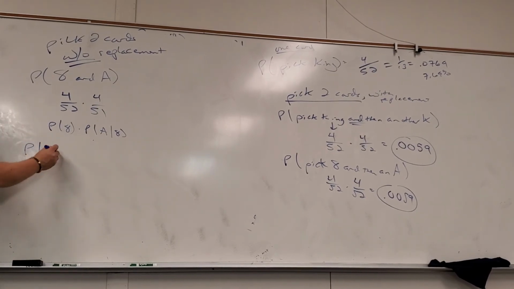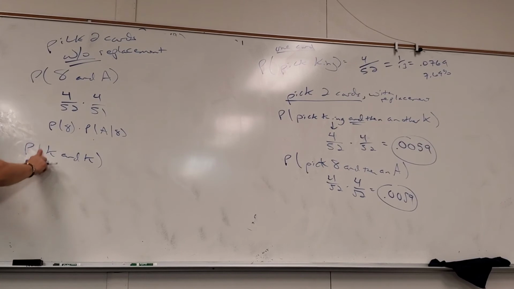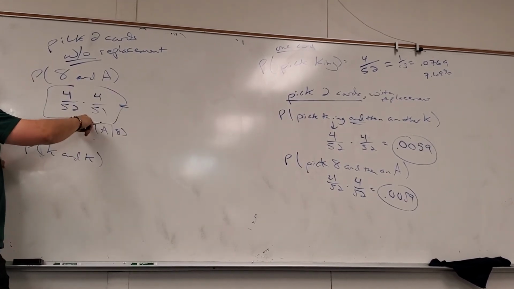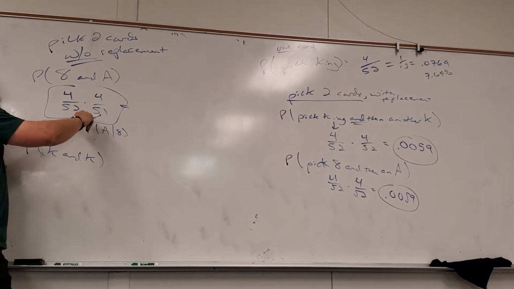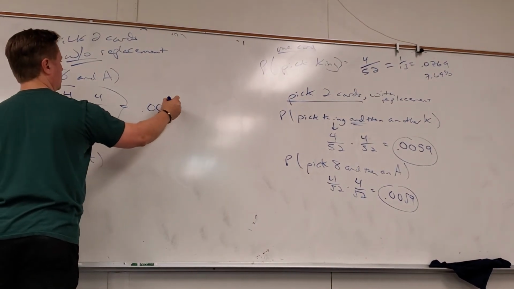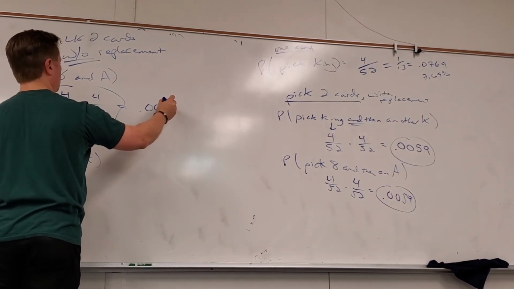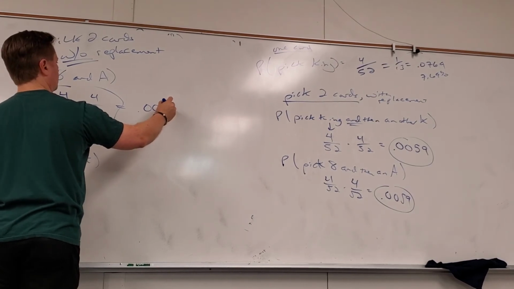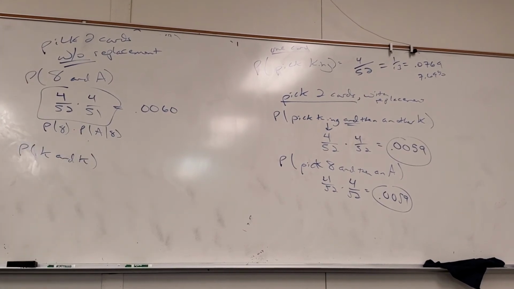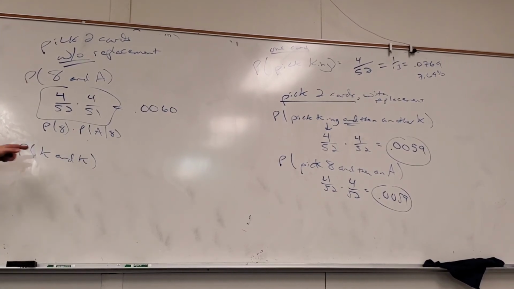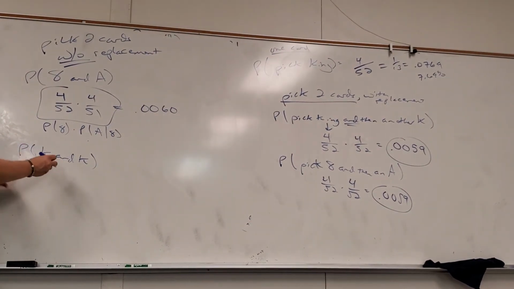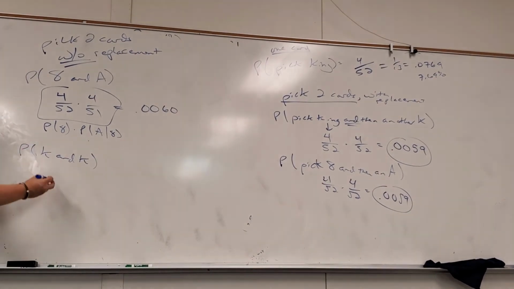What about the kings then? Let's find the probability of getting a king and then another king. Oh, let me calculate that real quick. What is that? Oh, the answer. So it's maybe 0.0060. Really? Okay. I thought it'd been a bigger difference. So what about this one? What's the probability that you got a king first? 4 out of 52. In fact, what I often do is this. It's like a little hangman game.